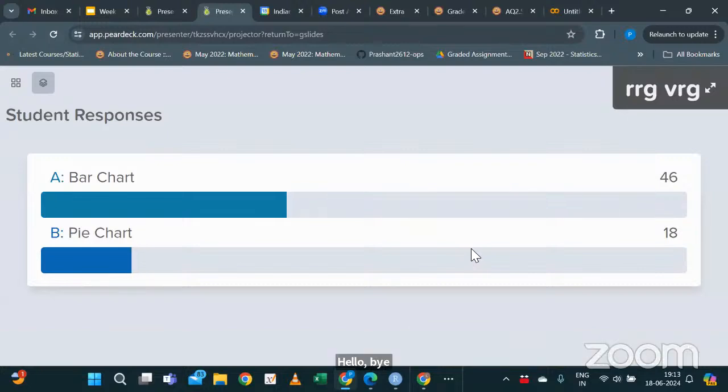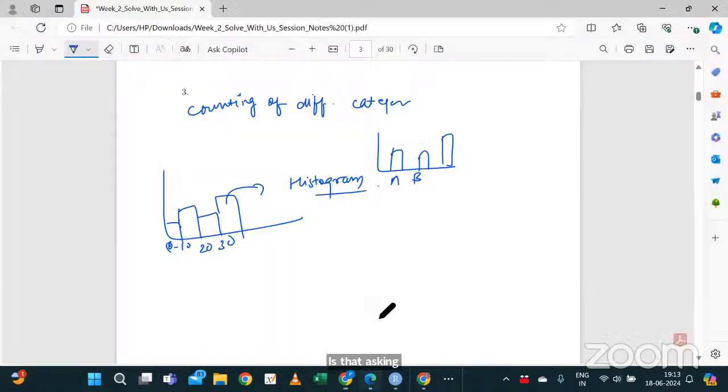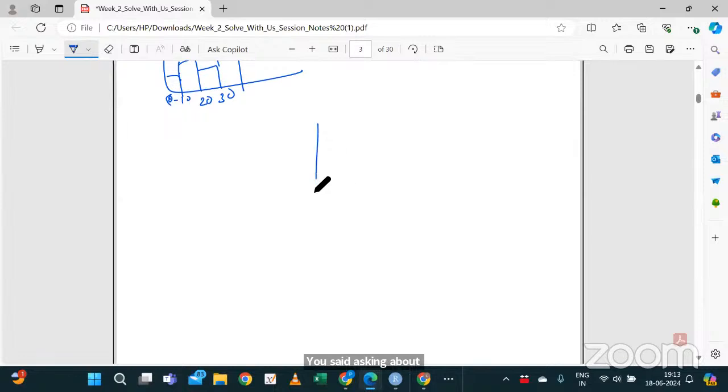I don't know why they have selected pie chart, because if you see here, we are asking about the number of votes received by each candidate. Suppose, for example, there are three candidates only, A, B, and C. I told you I will prefer to use a bar chart when I'm interested in counting of the categories.